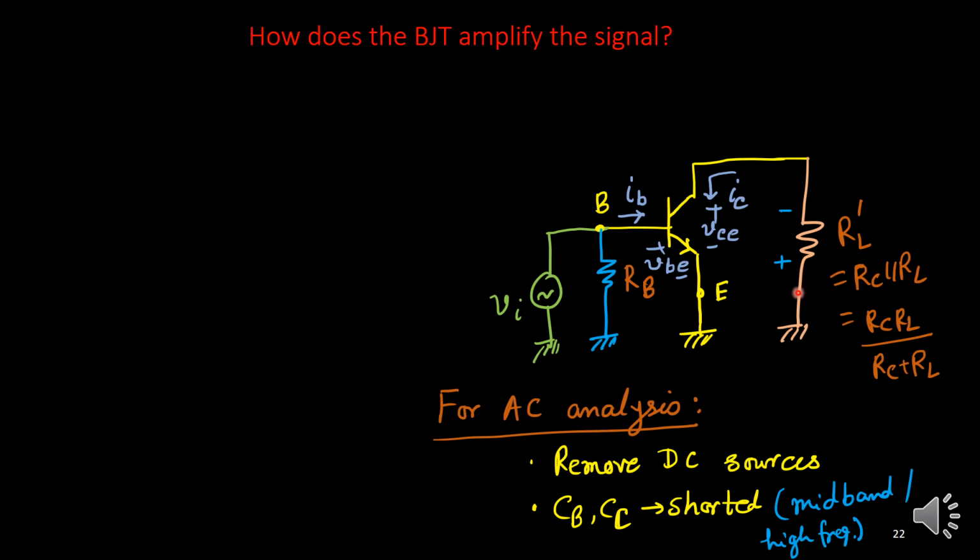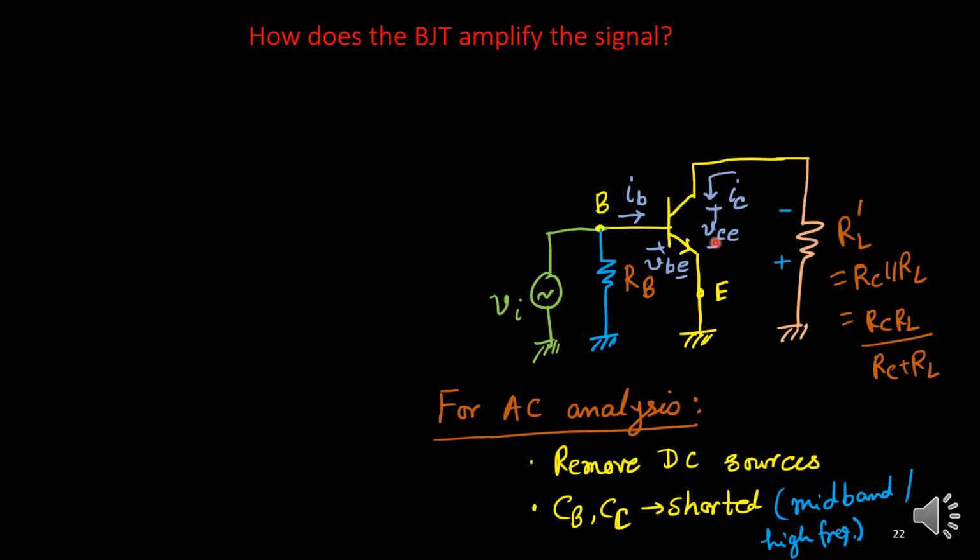Can I get one KVL equation in this loop? This is grounded, this is grounded. There is some potential drop across this resistor, and some potential across VCE, small VCE. I have assumed that the collector current, small IC, is flowing from this side to this side, so I can expect a potential drop here. This is plus, this is minus, and that value will be small IC times RL dash, plus this potential VCE.